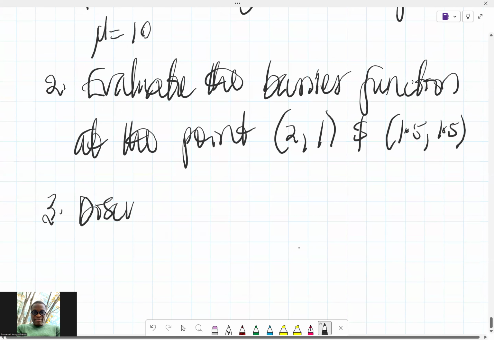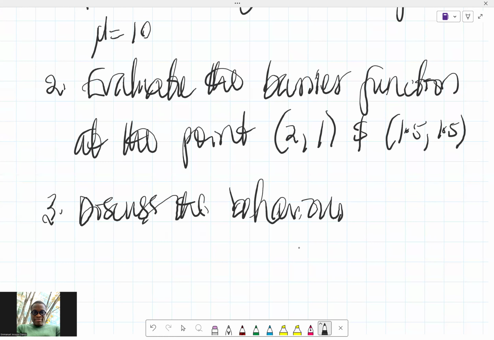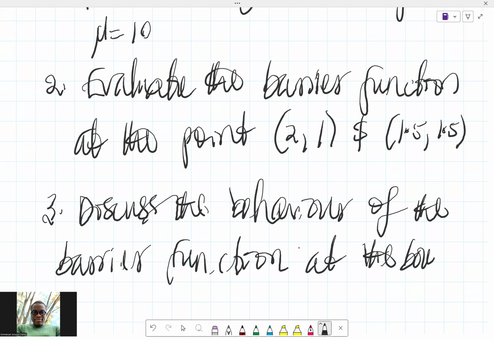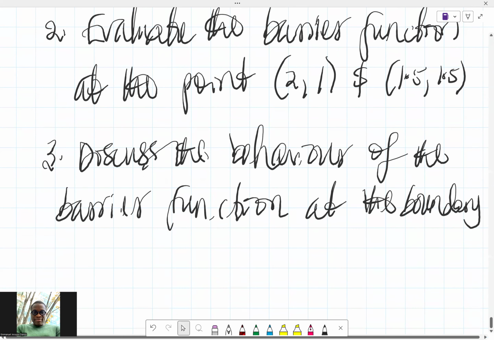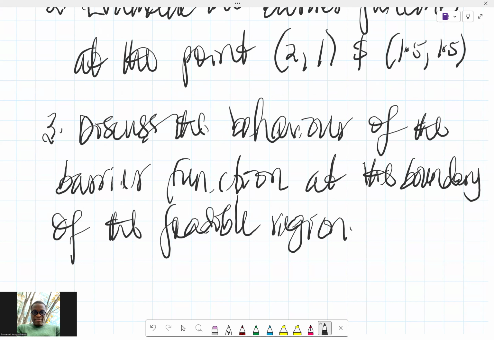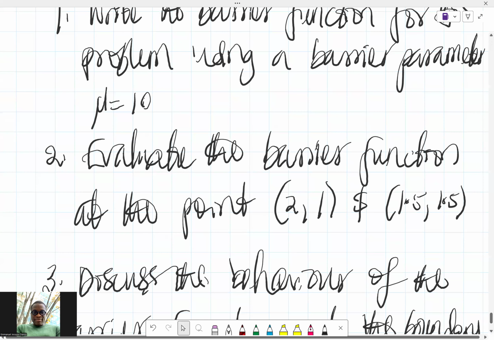And you want to discuss the behavior of the barrier function at the boundary of the feasible region. Okay. So that's the end of barrier method for solving nonlinear programming problems.